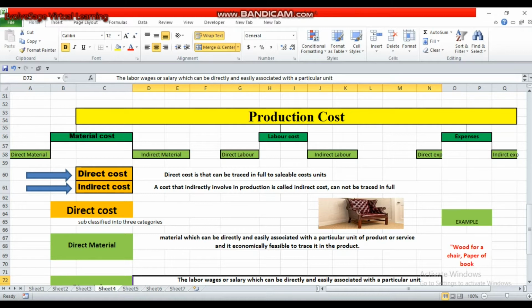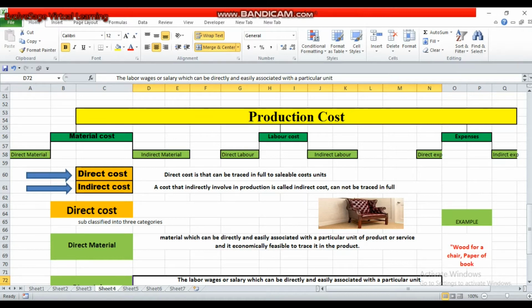Direct cost is the major part of the production. If it is feasible for us to measure the quantity and cost that has been consumed in a single product, then that cost will be called direct cost.